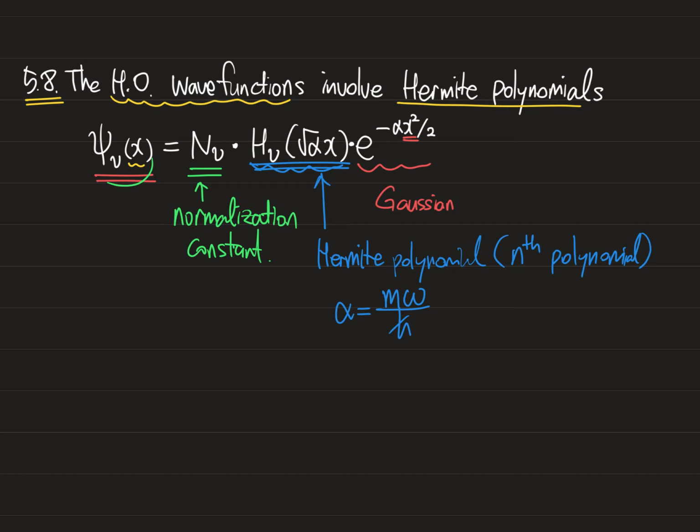But for a well-behaved wave function, the value at a large distance should decay, and that's why we have this exponential function here. Okay, and let's try to derive that expression. And in the end, you will realize that the quantized energy level is also the result of these wave functions.